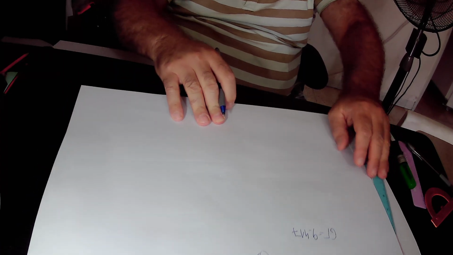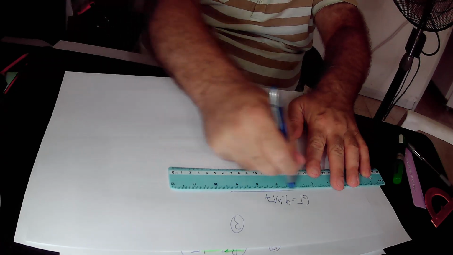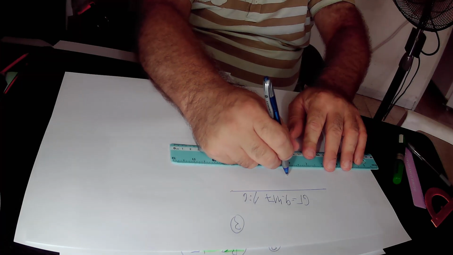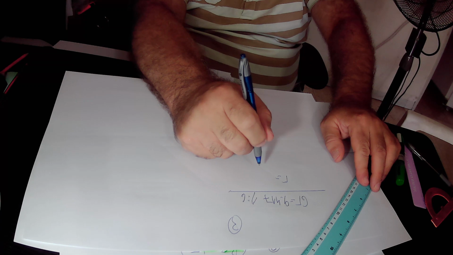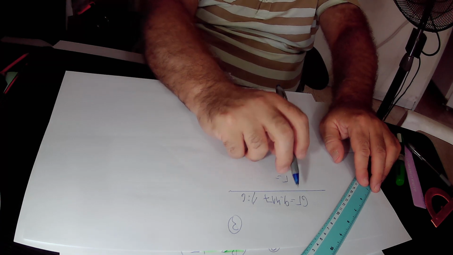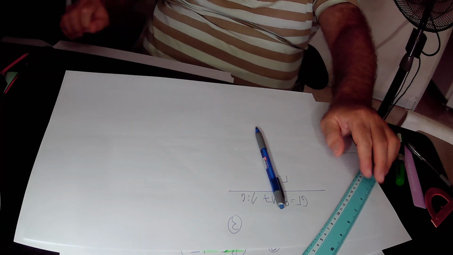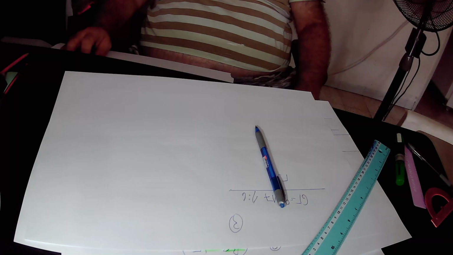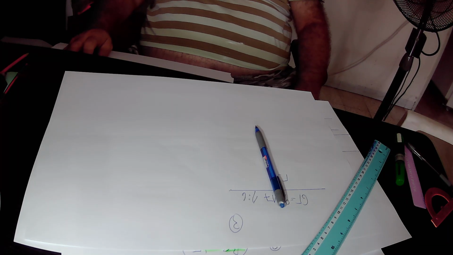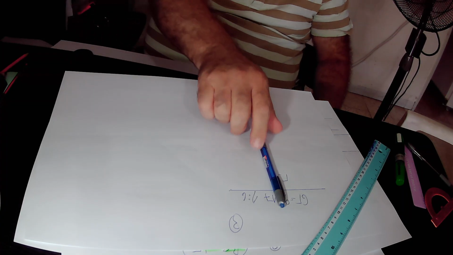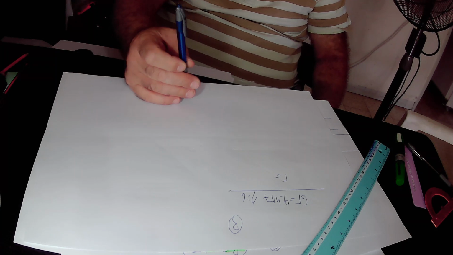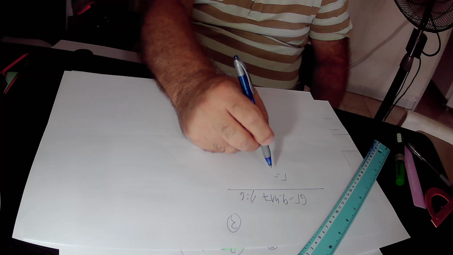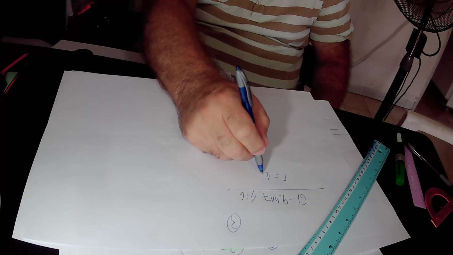Here we will divide this equation by 6, and we get that R equals 9.417 over 6. 9.417 over 6 equals 1.57 units.